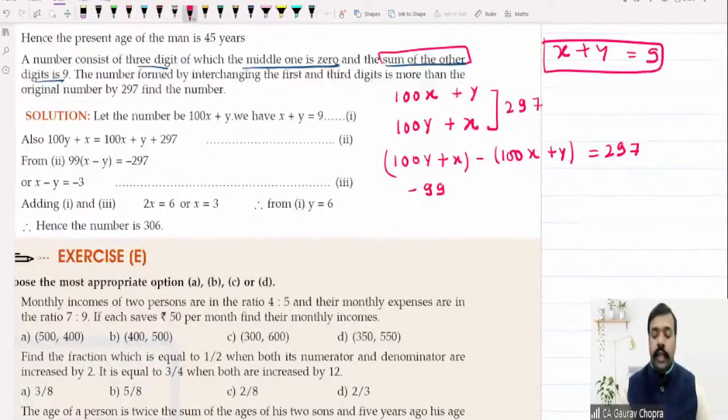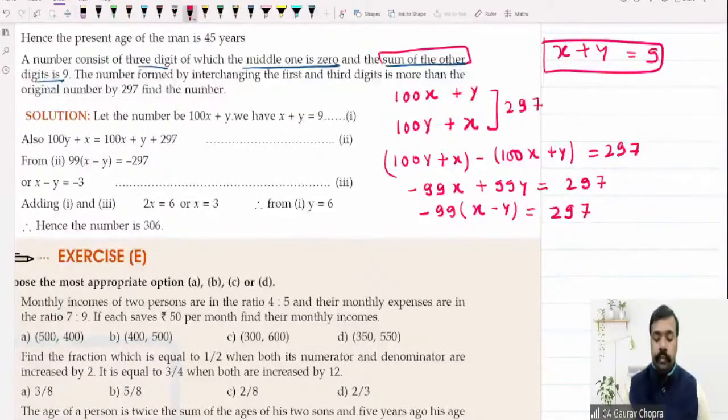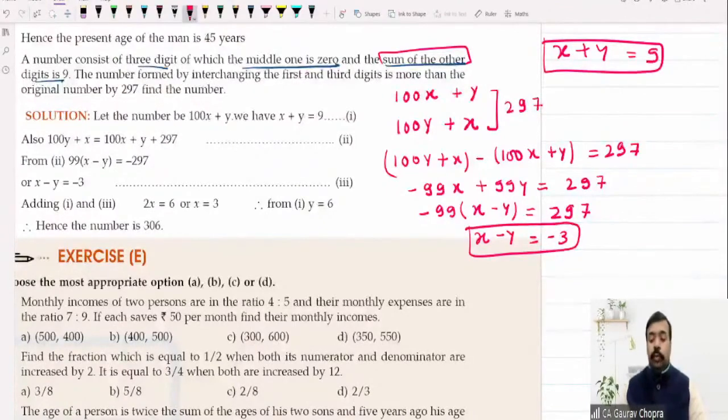So it will give 99y minus 99x equal to 297. Or if we take 99 as common, it will become y minus x equal to 3, so we get x minus y equal to minus 3.